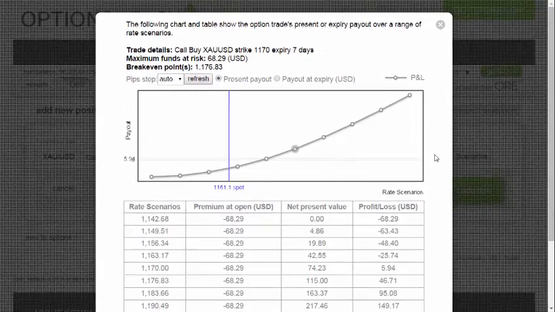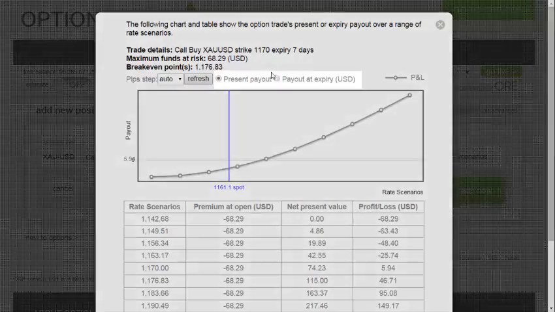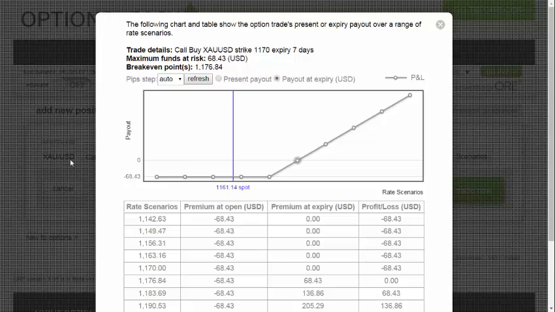This will present you with a chart and a table showing your potential profit or loss over a range of market rates. The vertical axis is your profit or loss. The horizontal axis is the market rate. You can choose to analyze the present payout of the option or the payout at expiry.